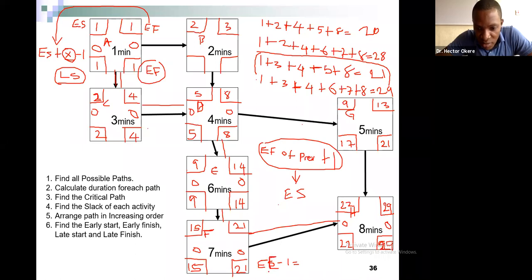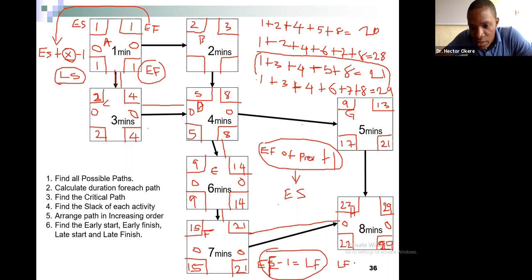So this is early finish, okay? 21, you can write it down, minus 1 will give you the late finish. Now, for the late start, okay, it is late finish minus x. X is, remember, your value.